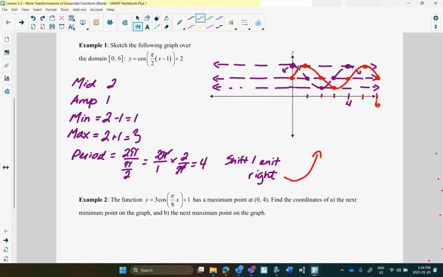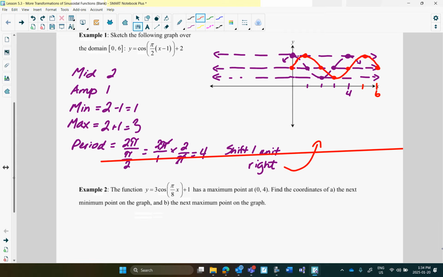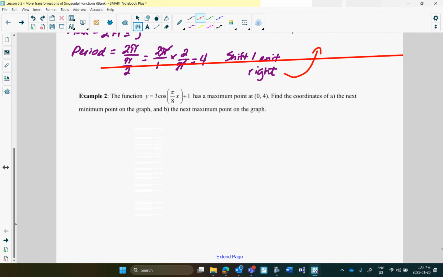Okay, example 2. And again, it's kind of a weird question, but sometimes you see a question like this, so you're going to have to be able to figure it out.